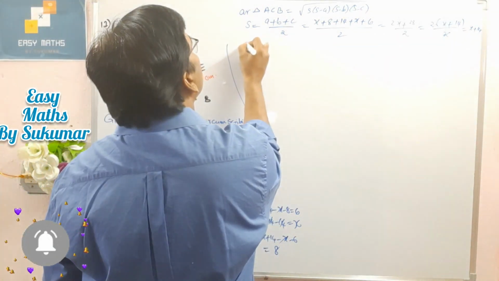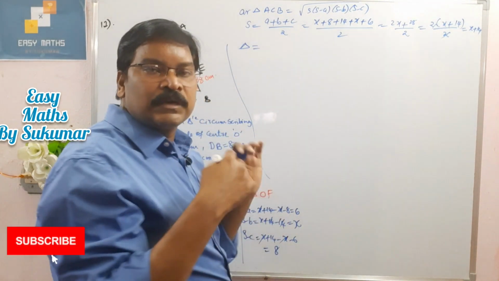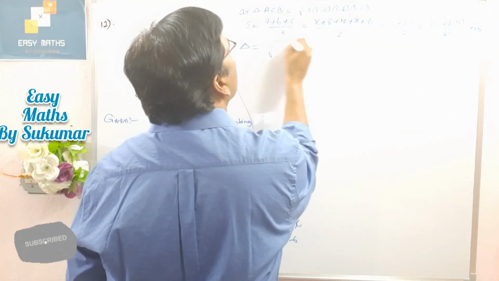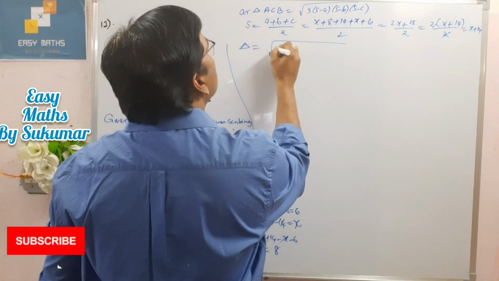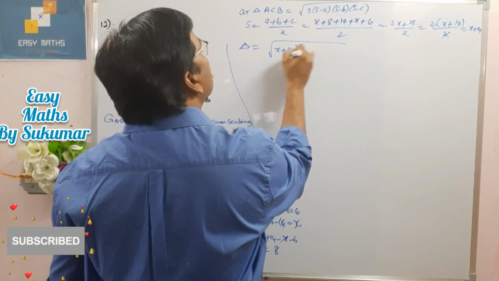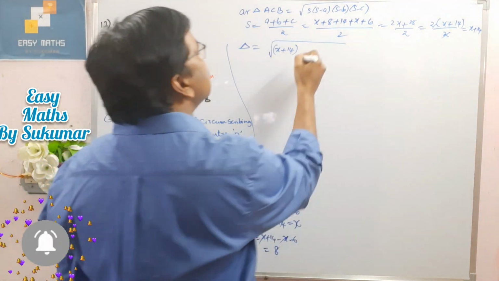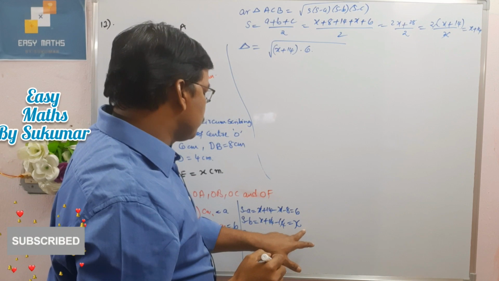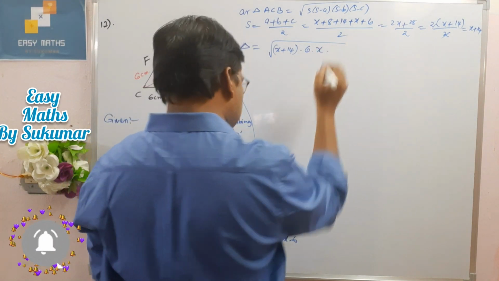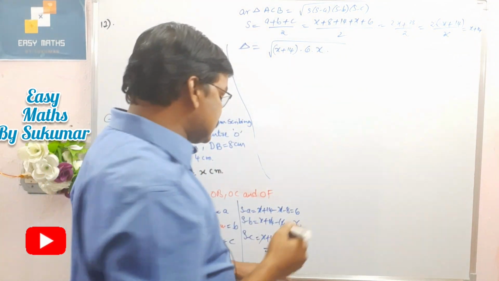Let us substitute now. Area of triangle delta is equal to root of S, which is x plus 14, times S minus A, which is 6, times S minus B, which is x, times S minus C, which is 8.